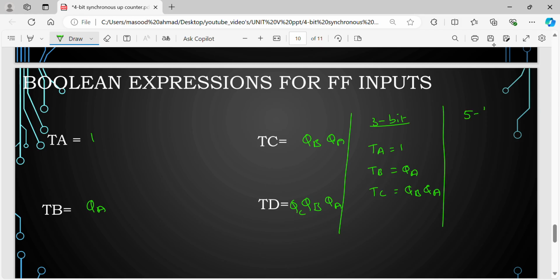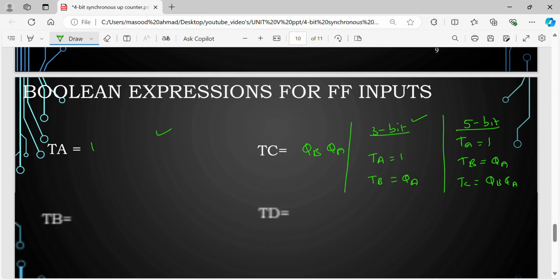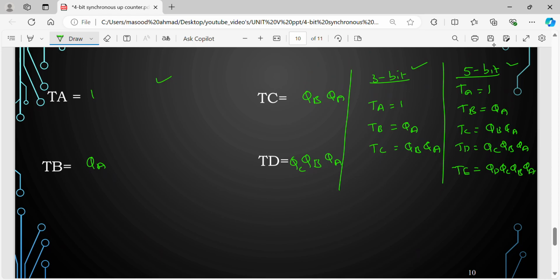Similarly, for 5-bit, TA will be 1, TB will be QA, TC will be QB QA, TD will be QC QB QA, TE will be QD QC QB QA. This is what you get extra. For 3-bit we got this, for 4-bit we got this, for 5-bit we expect the same pattern.